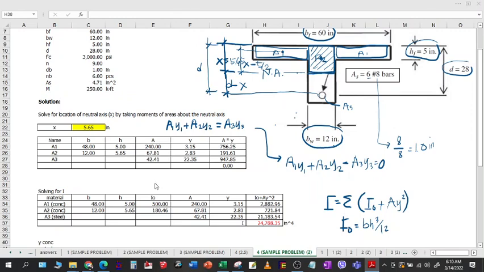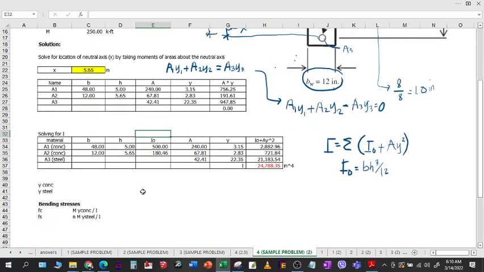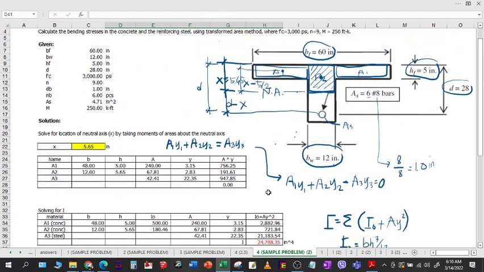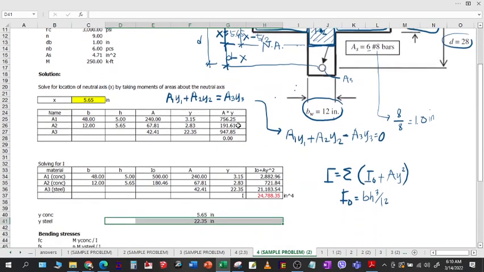Alright, so here we already have our Y for concrete, which is the value of X, and Y for steel, which is X minus D. Okay, X minus D, or D minus X right here.